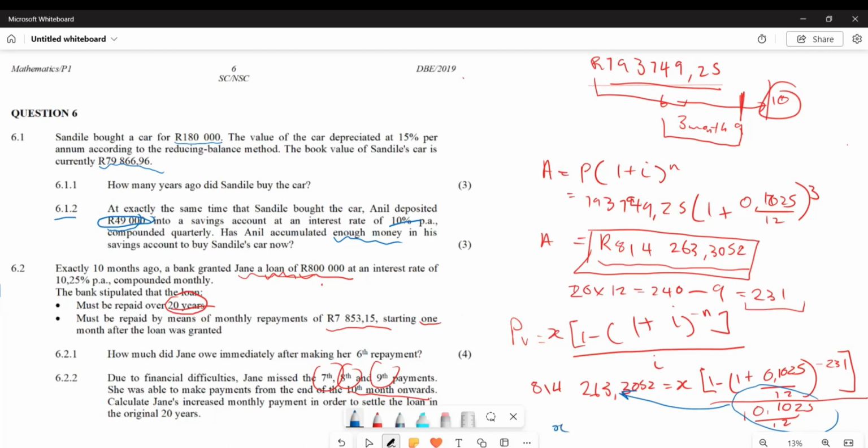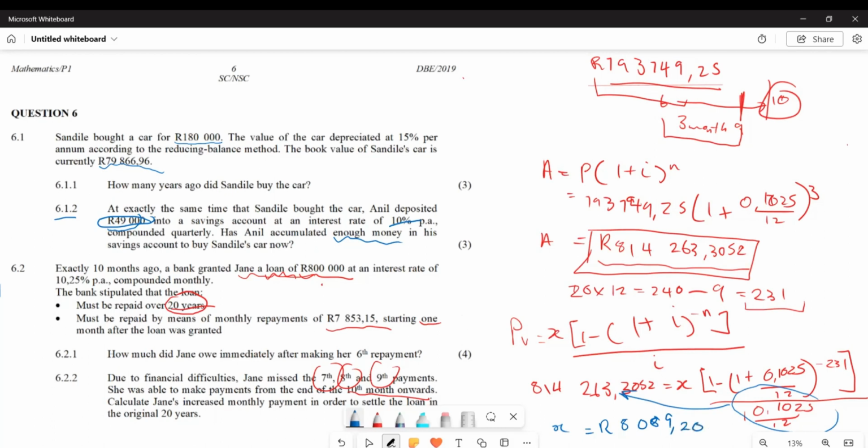So when we multiply this side, and now when we divide, we find that the value of X, the monthly installment, is 8,089 comma 20 cent.